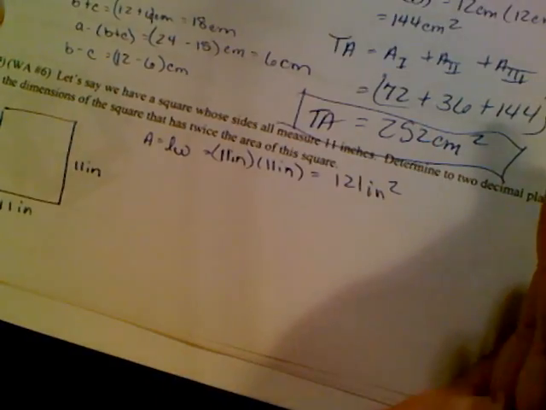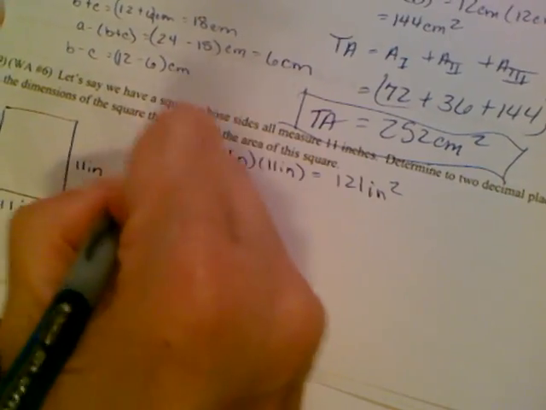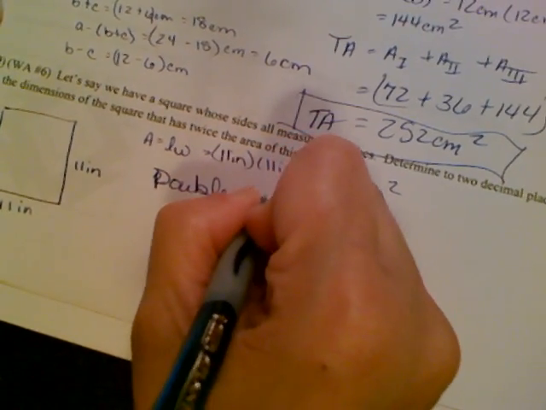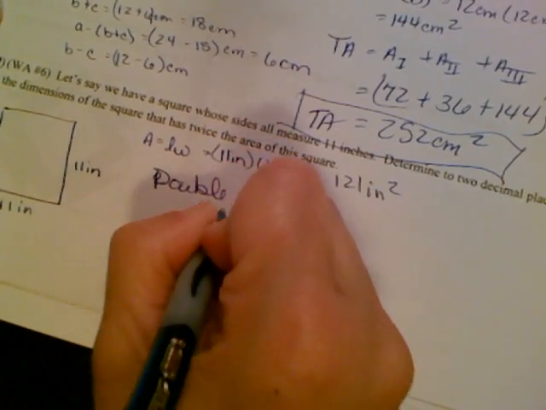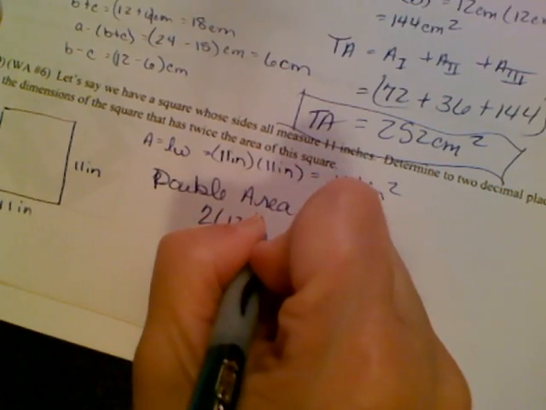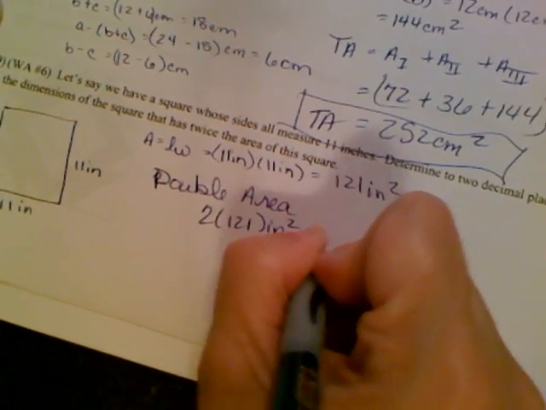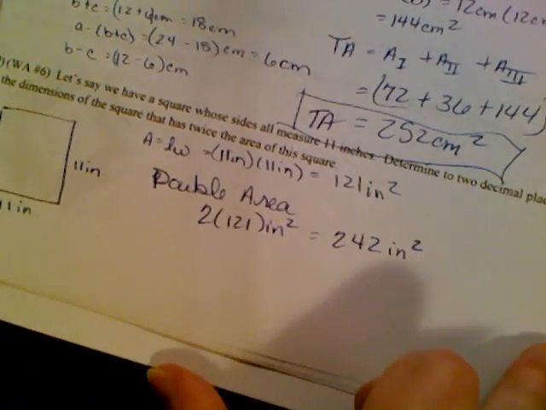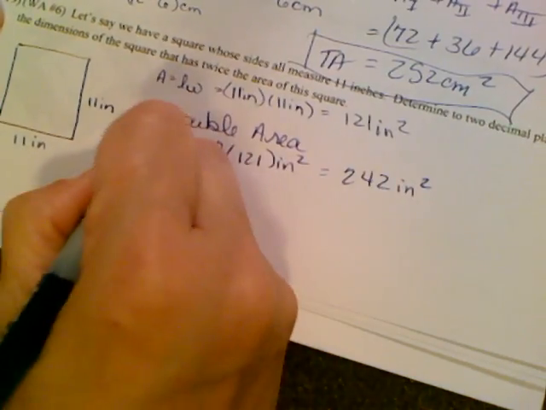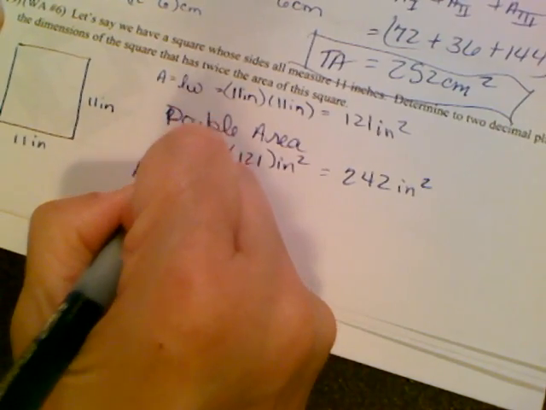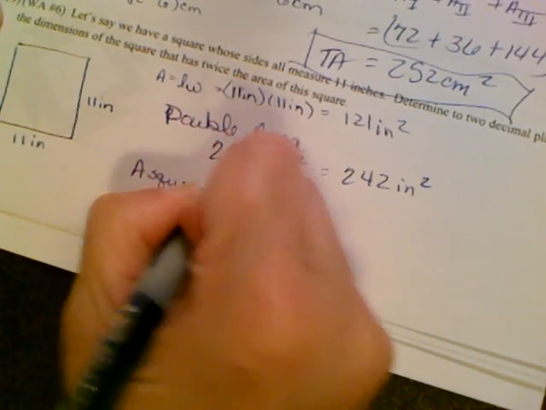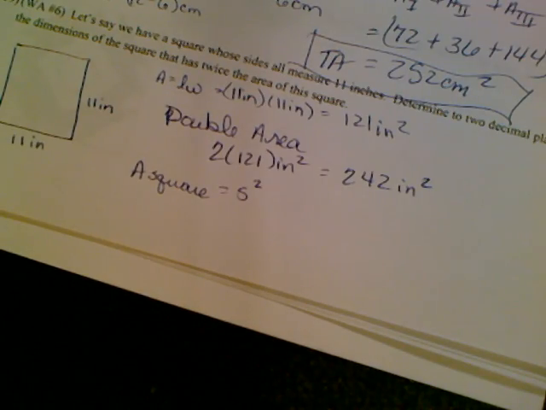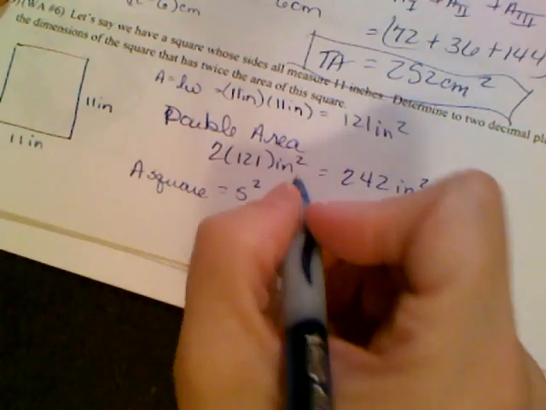And I want to double the area. So that's 2 times 121 inches squared, which gives me 242 inches squared. Now, again, I have a square. The area of a square is side squared, length times width, but each length is the same, so s squared.